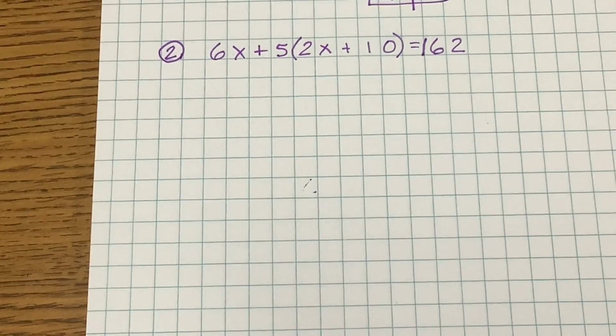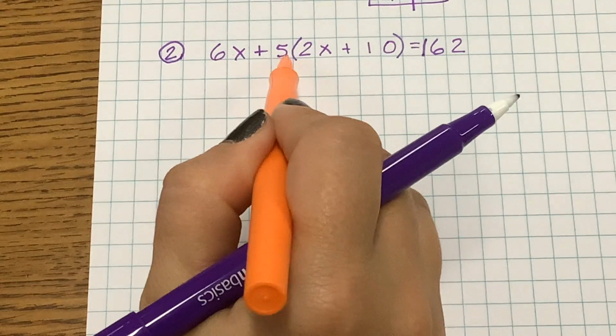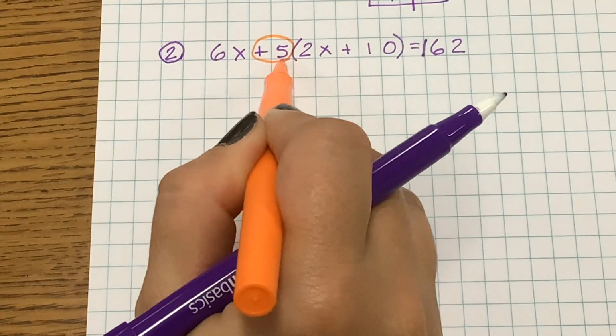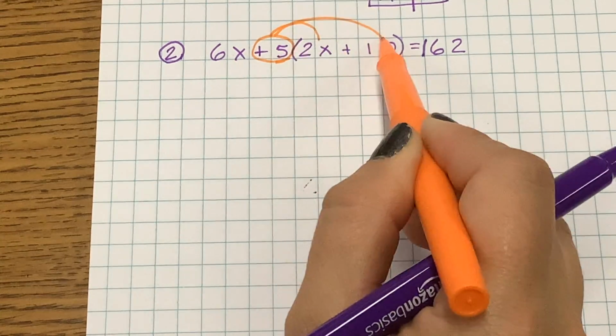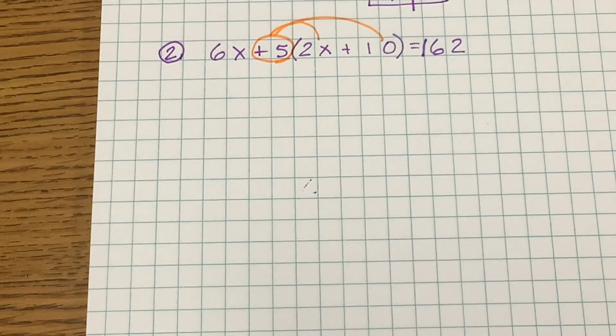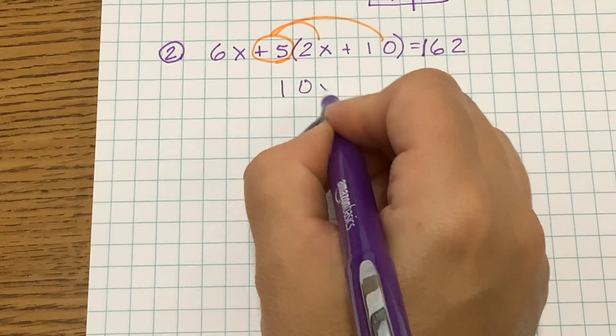Okay, if we follow the list of steps for solving multi-step equations, we start with parentheses. What is our factor on the outside of the parentheses? 5. Positive 5. So 5 times 2x and 5 times 10. So 5 times 2x is going to be 10x.